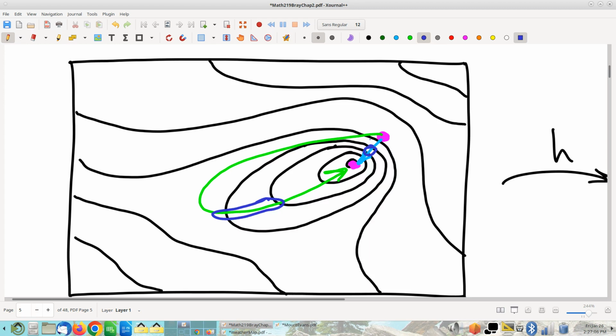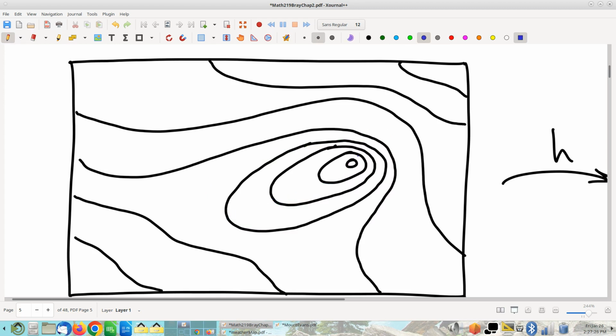Right, so this can help you plan out your path. And roughly speaking, the big idea is when the lines are close together, that means it's really steep there. When the lines are far apart, it means it's not that steep. And so you get a very useful sense for the shape of the hill.